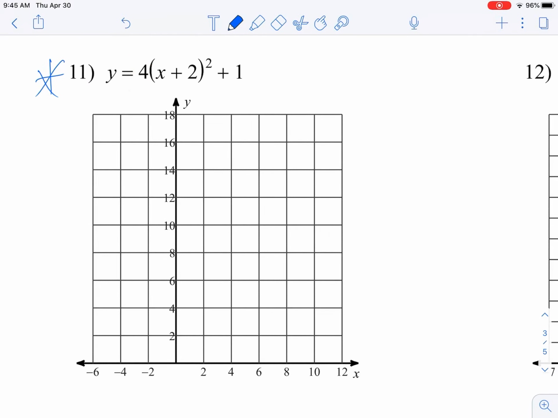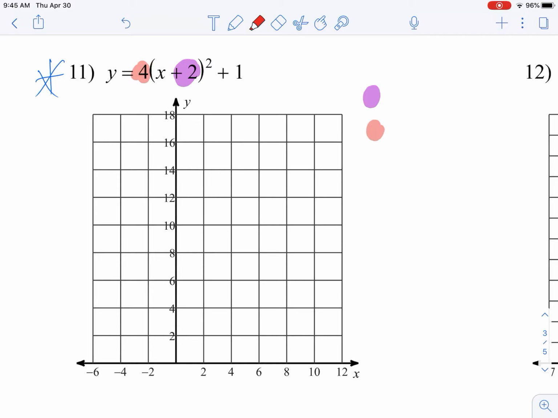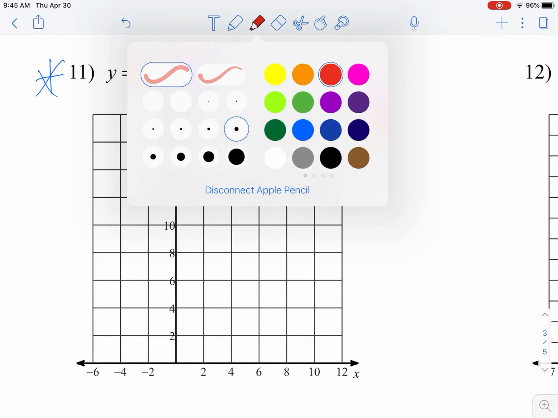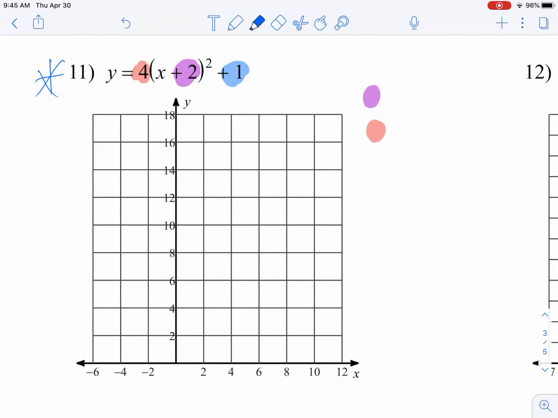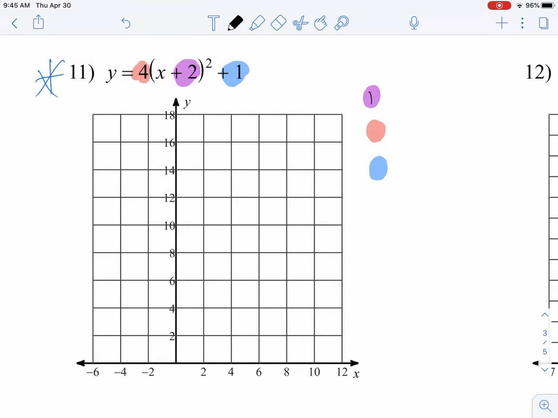I'm still going to list what's happening, just because it's good practice. I'll have step 1 in purple, step 2 in red, and then step 3 in blue. So step 1, we do the opposite.